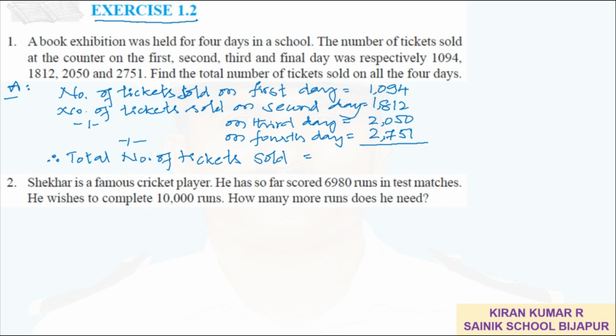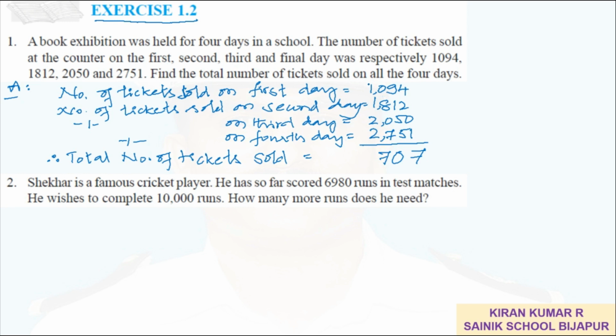I have to do addition. 4 plus 2 plus 1 is 7. 9 plus 1 is 10, plus 5 is 15, plus 5 is 20. 2 carried forward, 2 plus 8 is 10, plus 7 is 17.